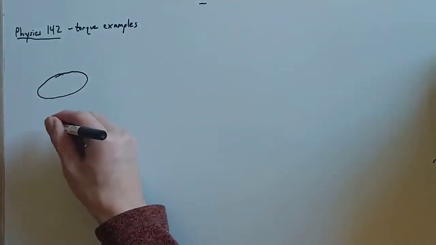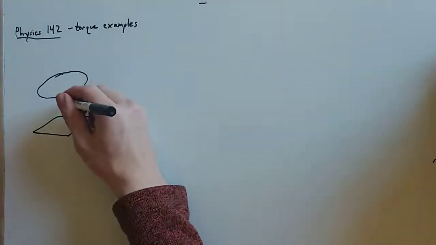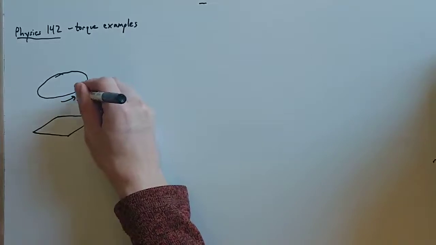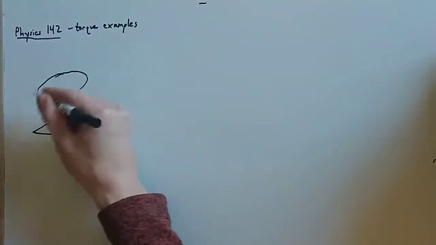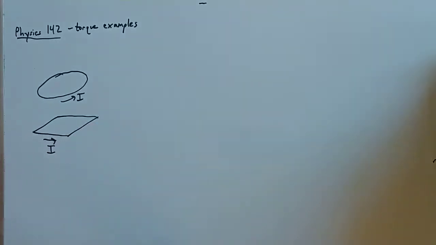Maybe it's a circular loop, maybe it's a square, it could be any shape. But if you have some closed loop that you run current through, so I'm going to run some current through these loops, maybe counterclockwise here, some current counterclockwise here.